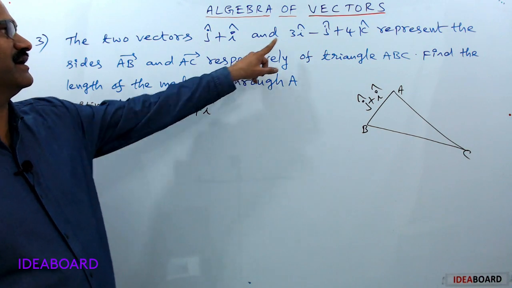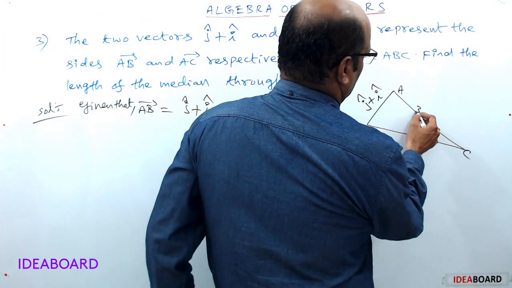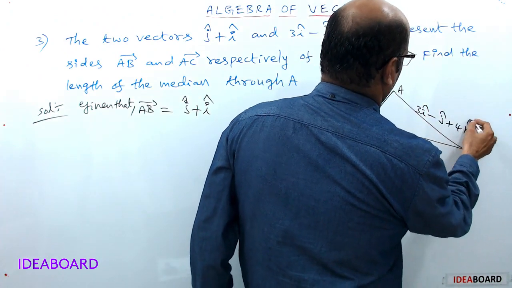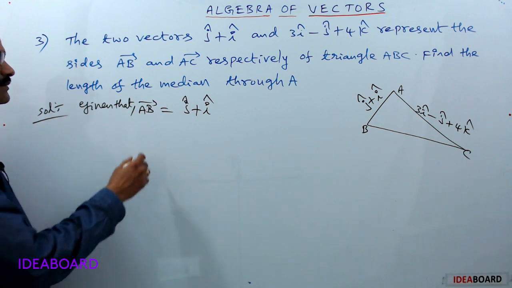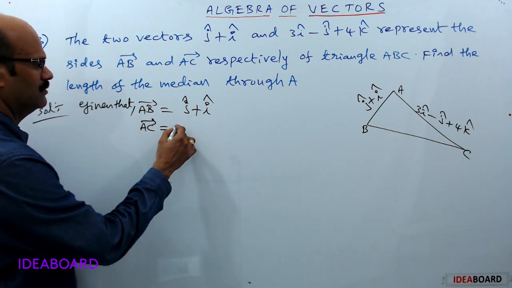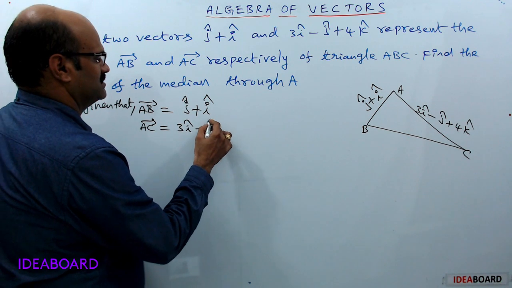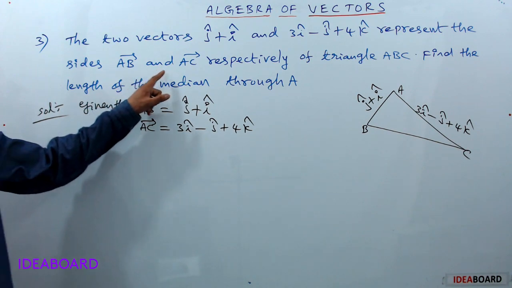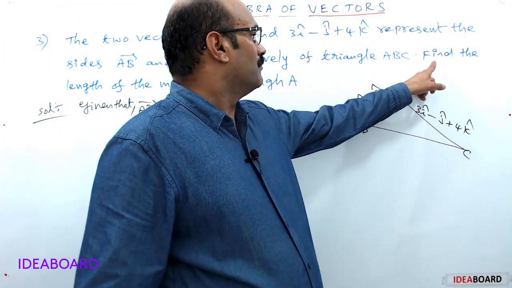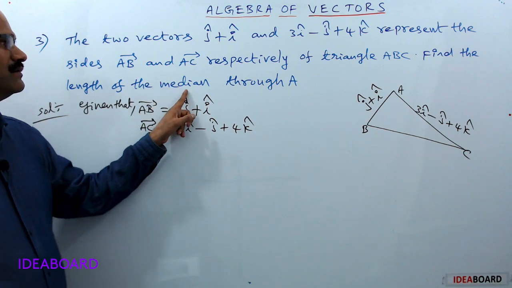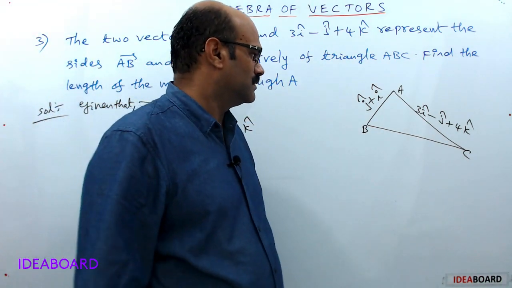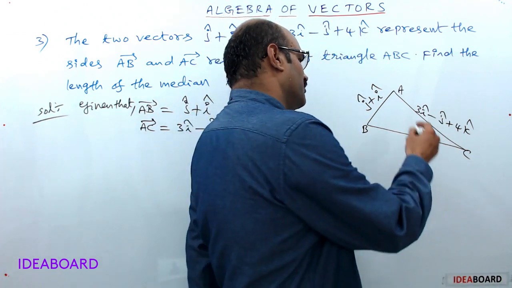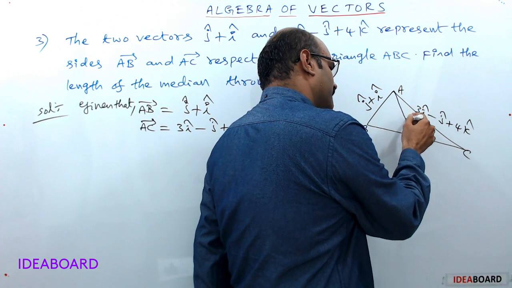Next we have AC vector equal to 3i cap minus j cap plus 4 into k cap. Now find the length of the median through the point A. Take the midpoint of BC, that is D. Now we have to find the length of the median AD.